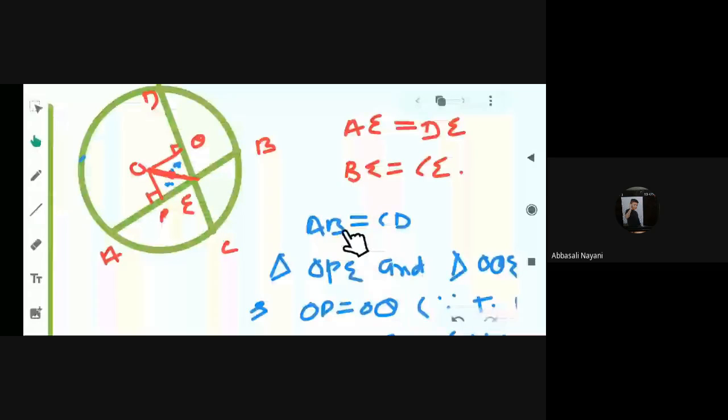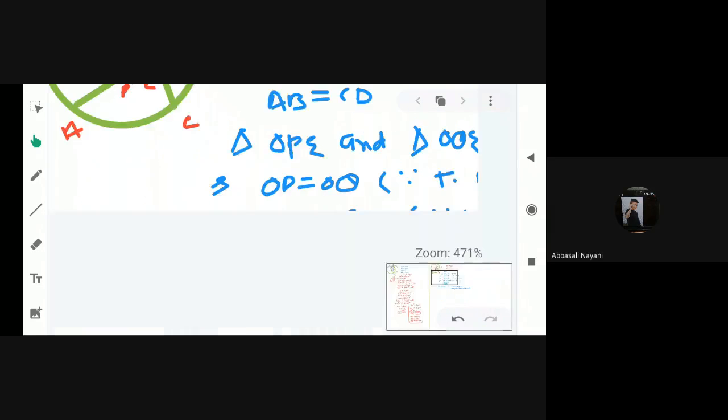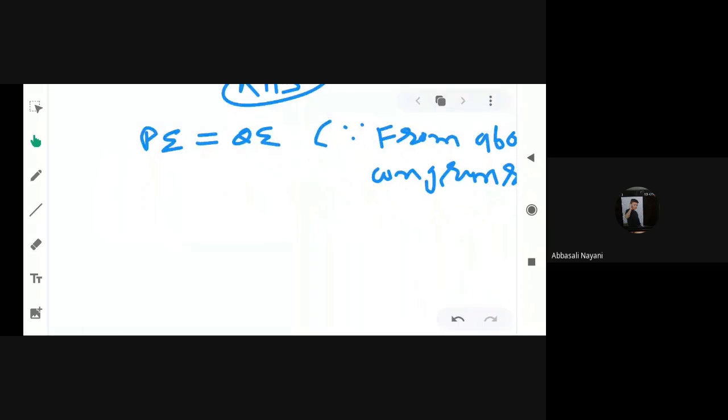It is given that AB and CD are equal. These two different chords are equal in measurement. So if you want to add AB and this small portion PE, what do we get? Please see here. PE and QE. Now AB is equal to CD, and if you add these two, AB plus P. No, 1 minute, 1 minute. Okay.